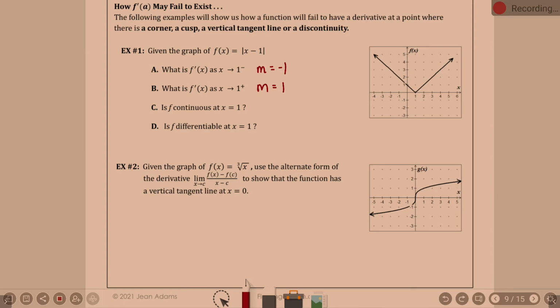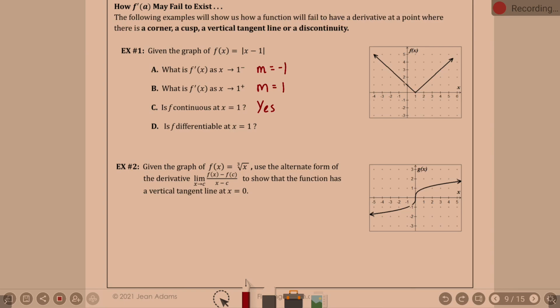We're getting there. My question here is, is f continuous? Yeah, because the limit as x approaches 1 from the left is approaching the y value of 0. From the right, it's approaching the y value of 0, and f of 1 is equal to 0.